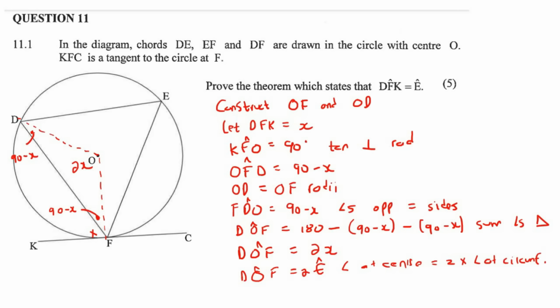And so angle E is equal to x. So, right at the end, therefore angle DFK is going to be the same as angle E. And that's all that we wanted to prove for this question.